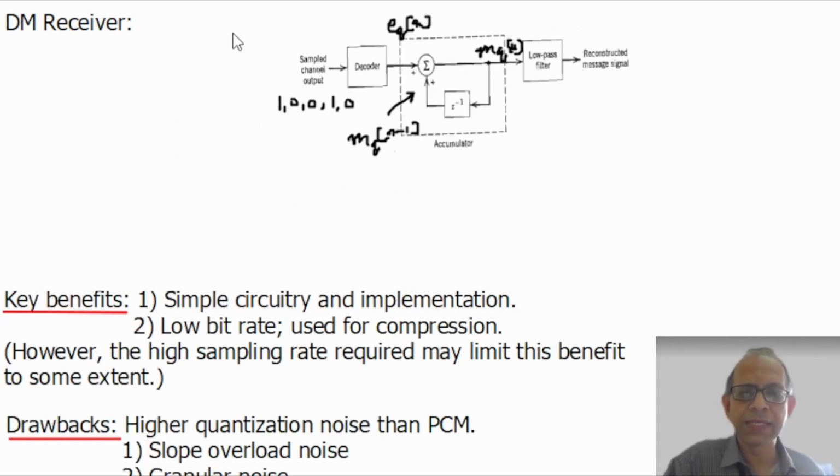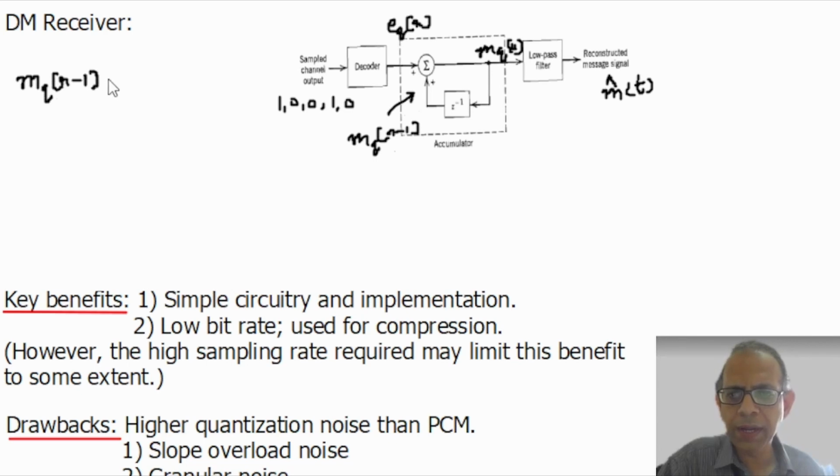And if that staircase function is passed through a low pass filter, we get a smoothened version of the signal, and that is the reconstructed signal. We can represent that as m hat(t), an estimation of the actual original signal m(t). So mathematically, for reconstruction, we have mq[n-1] plus eq[n] equal to mq[n].